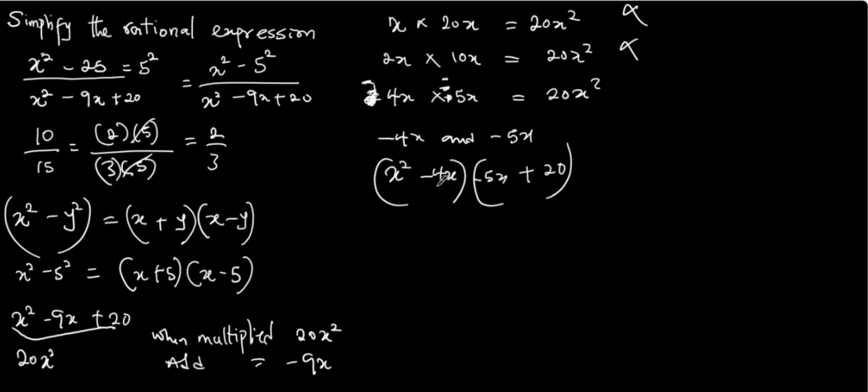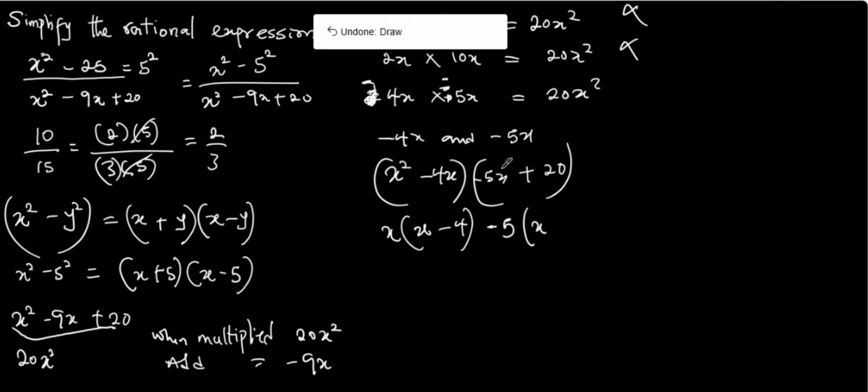x is common in the first bracket. So we factorize x out. We have x left in the first term. We have minus 4 left in the second term. Now, between these two terms, minus 5 is common, right? So what we have left here is x. We've already factorized out minus 5.